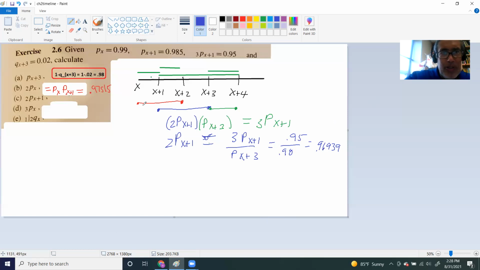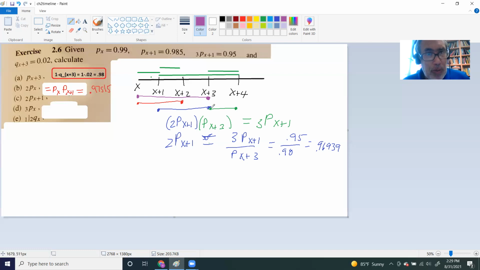Now the third one, let's go to purple. The third one is 3px, the probability for x3. So we want to start here, and we'd like to go and see what that is. Well, if you notice, x1, x2, x3, you might have a choice. Because you're looking for the purple, right?